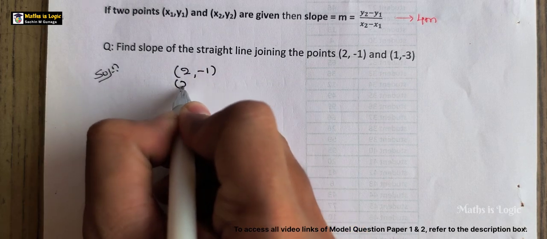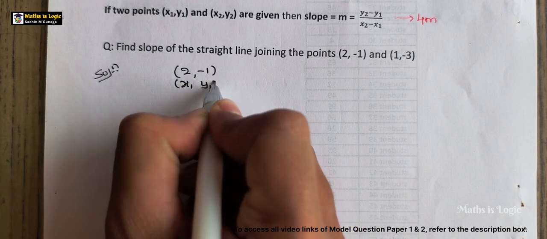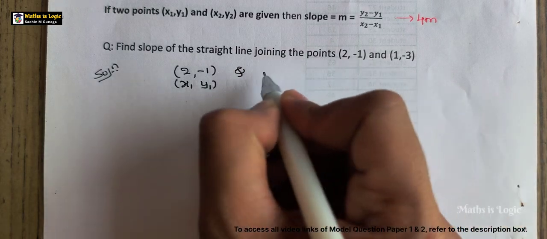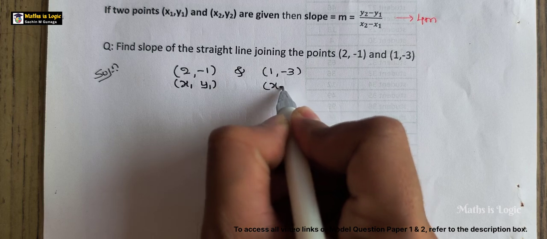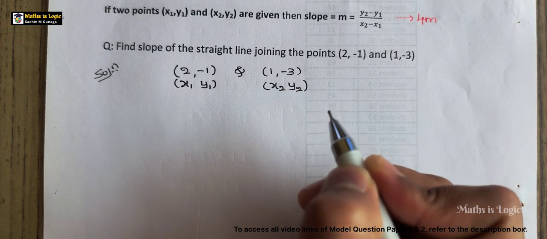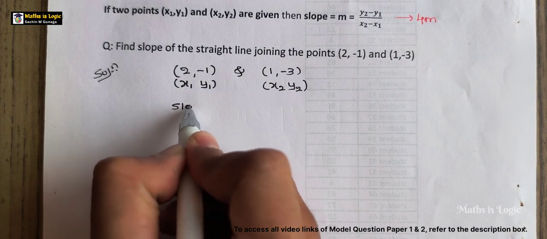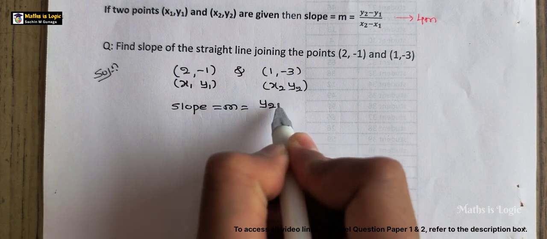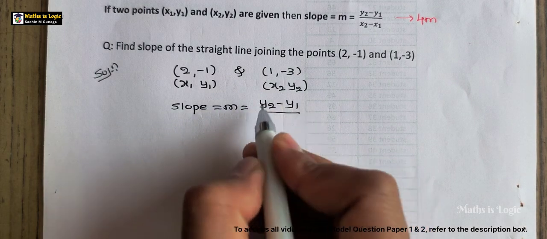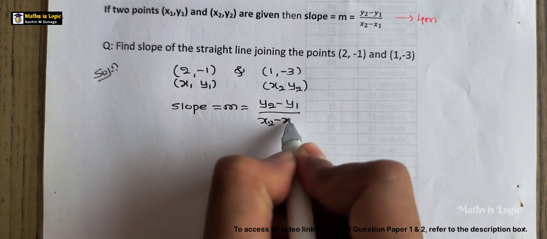Therefore, in the solution, first what we need to do is write the first point. 2, minus 1 consider as x1 y1, that is the first point, and 1, minus 3 consider as second point, x2 y2. After that, write the formula. Slope m is equals to y2 minus y1 divided by x2 minus x1.